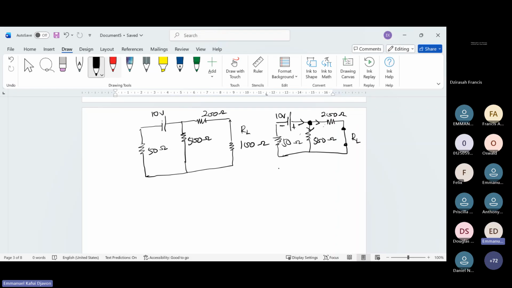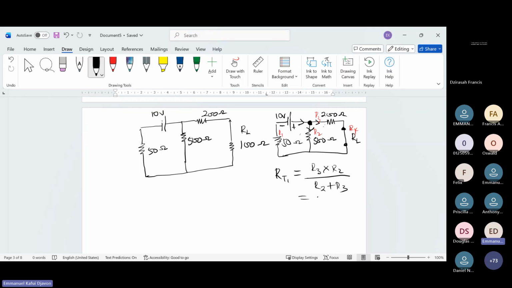To get the equivalent there, let's say RT1 will be equal to, if this is R1, R2, R3, R4, which is equal to RL, that will give me R3 times R2 all over R2 plus R3.